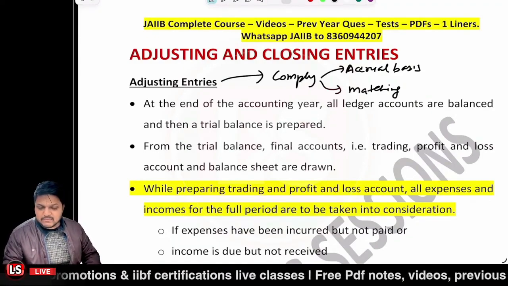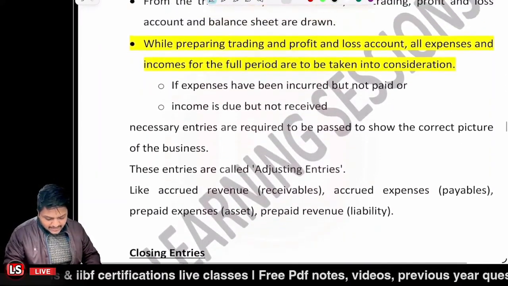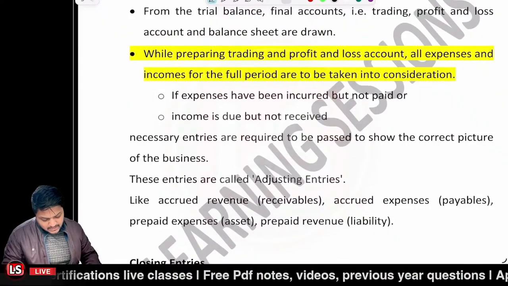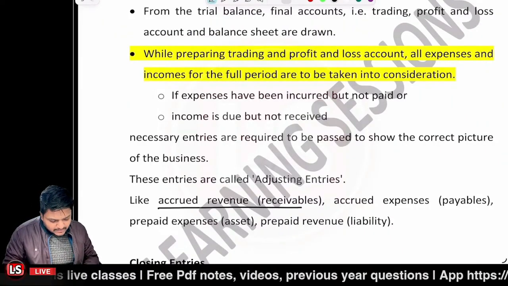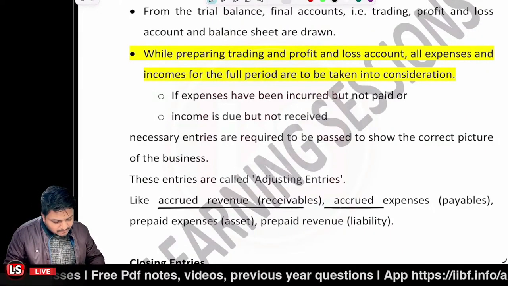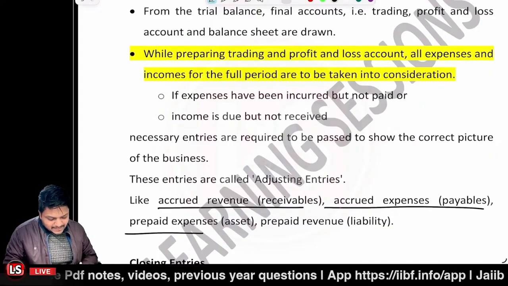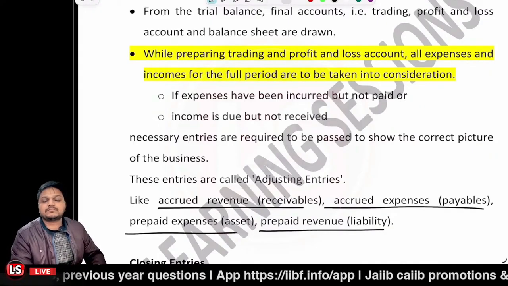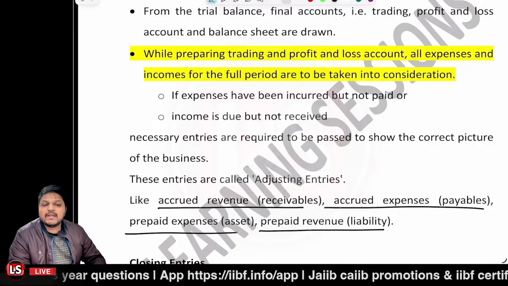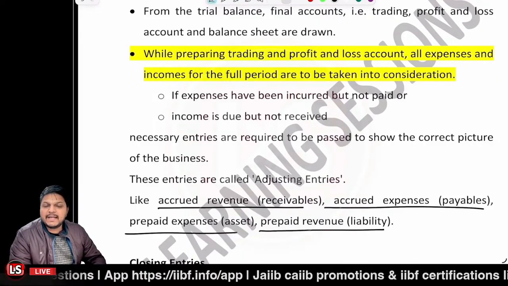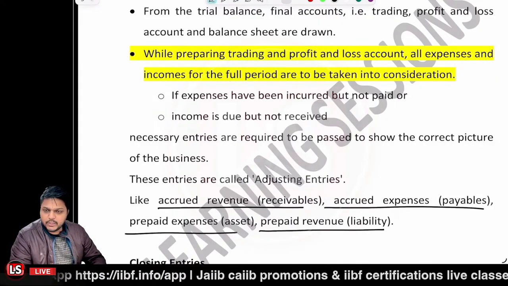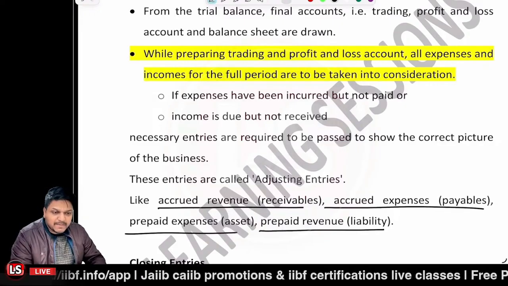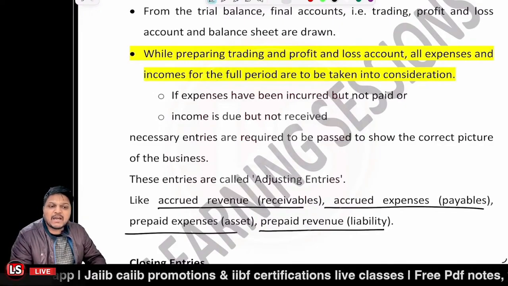Okay, so such entries are said to be adjusting entries, and these are for what? These are for accrued revenue, like receivables, accrued expenses which are payables, prepaid expenses, or prepaid revenue. Accrued revenue is receivable, due but not received. Accrued expenses are payable but you have not paid.